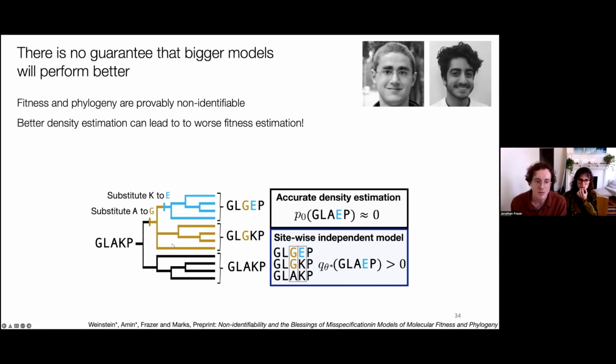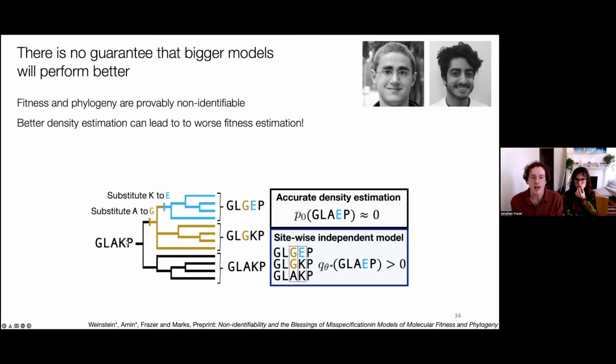And to gain some sort of intuition for this, you can think about a situation where you have two sequential neutral amino acid substitutions. So imagine we start with GLAKP, and then we get a substitution from A to G, and then a statistically independent event occurs, which is that K gets substituted to E. Now, a good density estimator of the data distribution would score GLAEP very low because it's never been seen in the distribution.